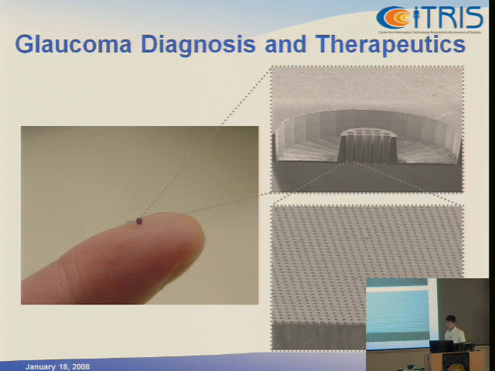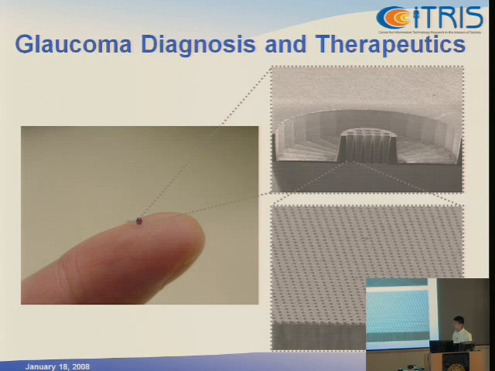So here I show the first generation of the glaucoma artificial implant we developed 3 years ago. This is fabricated by conventional microfabrication technology, the same thing used to make computer chips. We can use a 4-inch standard semiconductor substrate and manufacture thousands of these devices.